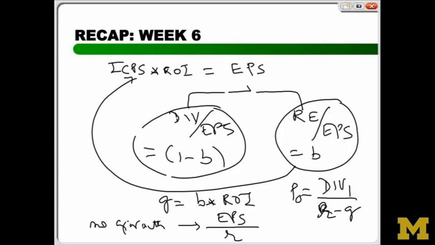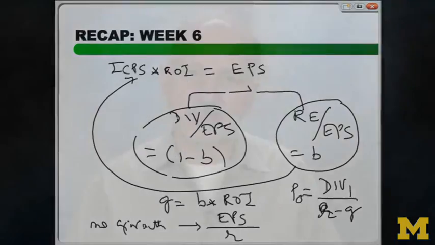And why? Because if there's no growth, it implicitly in our structure means that you're not reinvesting. If you're not reinvesting, earnings per share is all going out to dividends. But remember, what comes first? Investment.